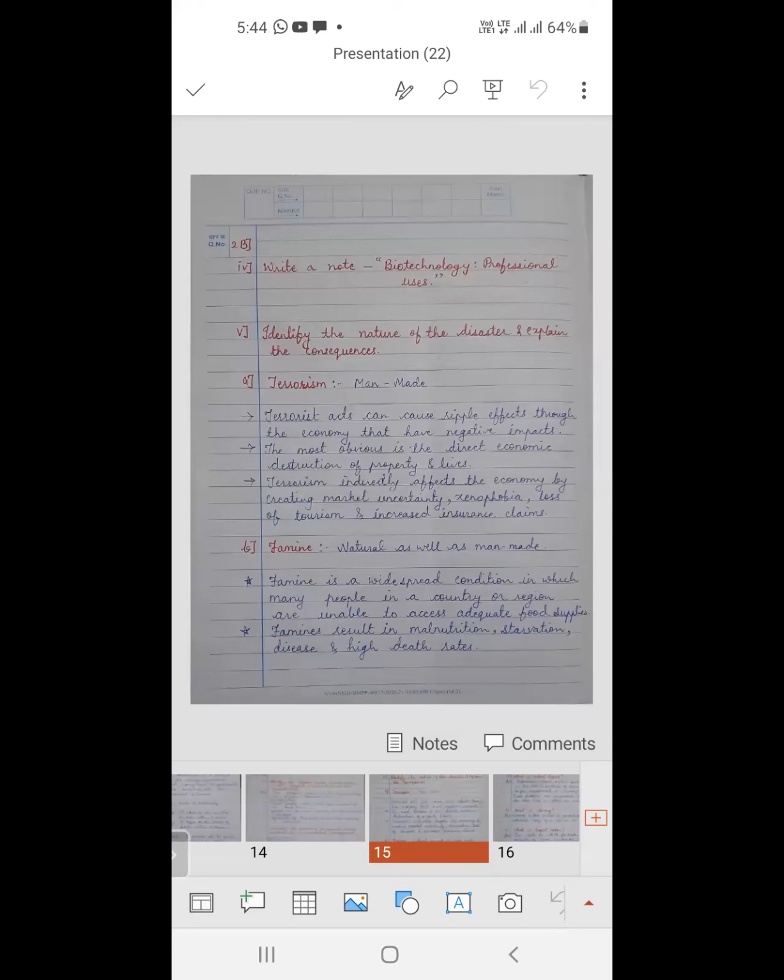So terrorism indirectly affects the economy by creating market uncertainty, xenophobia, loss of tourism, and increased insurance claims. It indirectly affects the economy, means uncertainty, phobia, that what will happen after some time.